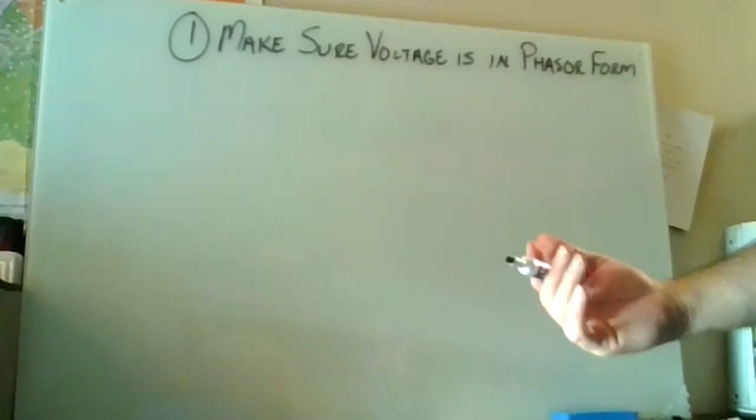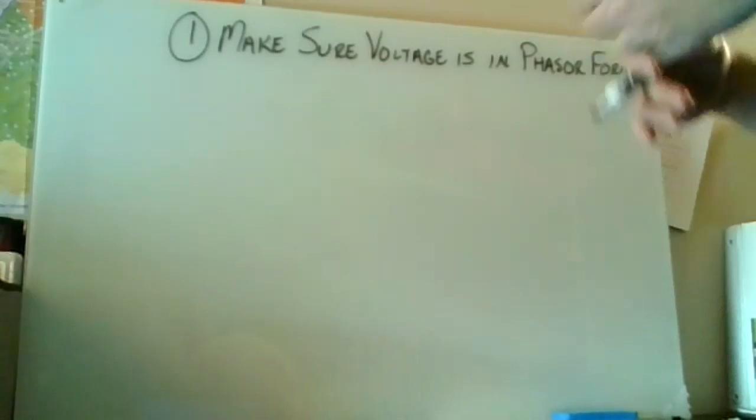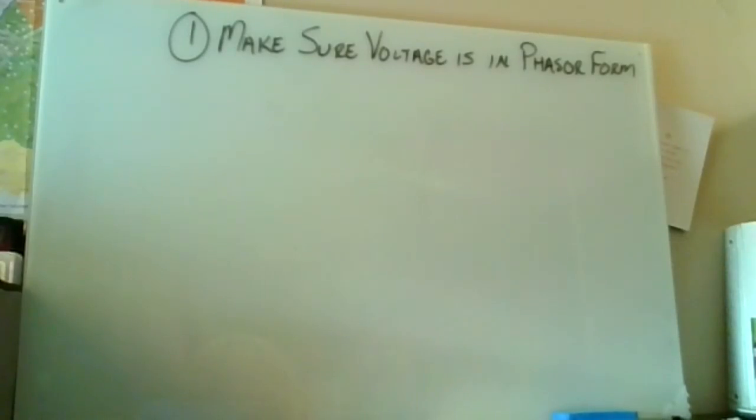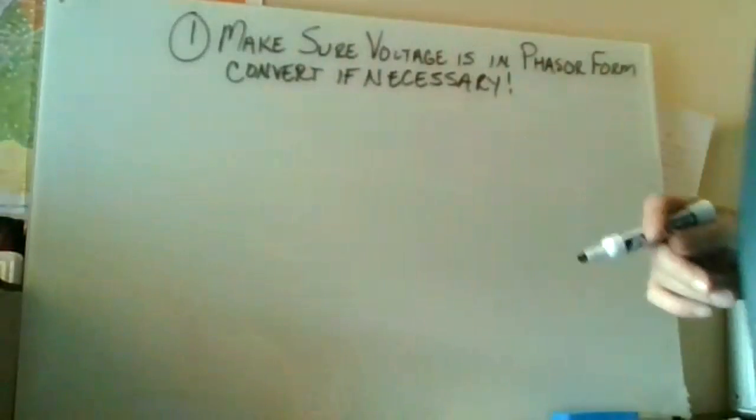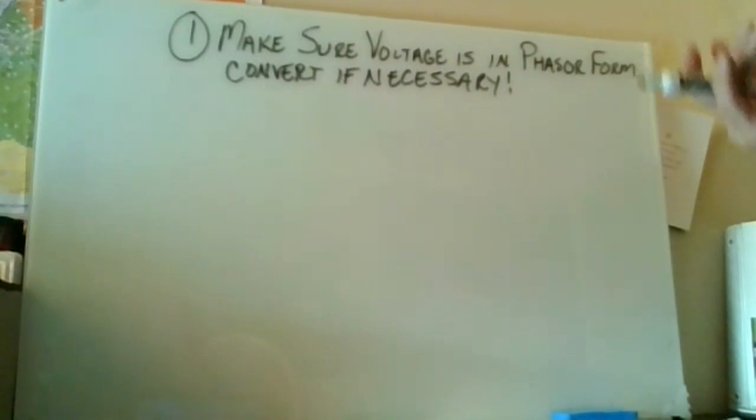If it's not, if it's in sinusoidal, you need to convert it. So make sure it's in phasor form, convert if necessary. Okay, so if it's in sinusoidal, convert it to phasor.